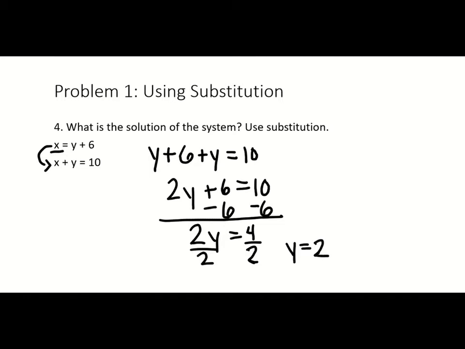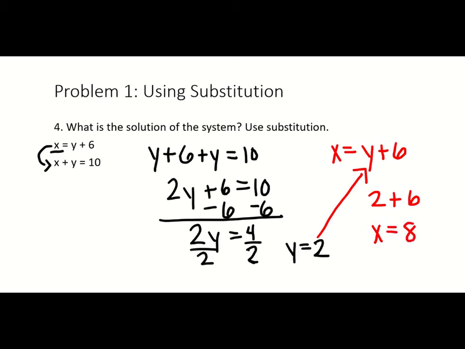Once you solve for one of your variables, plug it back in to either equation you started with. I, again, usually go for the one that was already solved for. So x equals y plus 6, and plug in your variable. Y is 2. So 2 plus 6 tells me that x is 8.